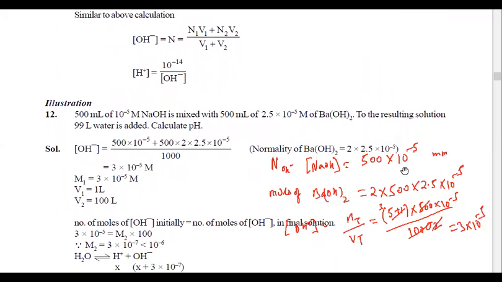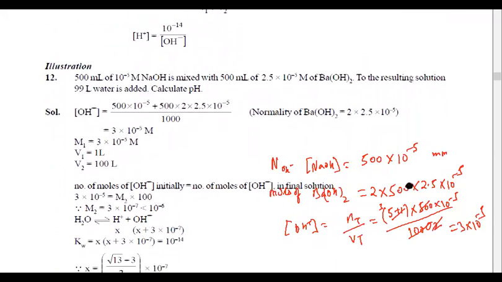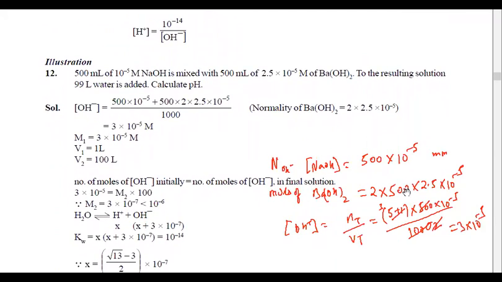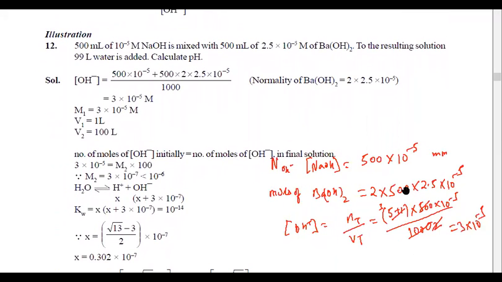Right? Okay. I have taken this approximation, right? I've just taken this approximation without using the exact values.